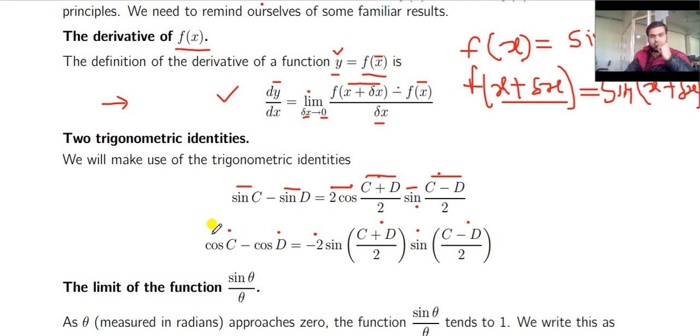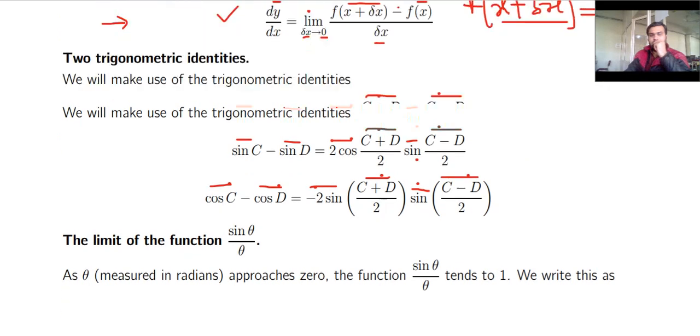The next formula is cos c minus cos d is equal to minus 2 sin((c plus d) by 2) into sin((c minus d) by 2). These are the two important formulas used to differentiate sin x and cos x.